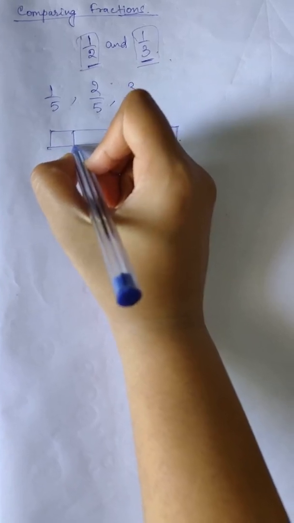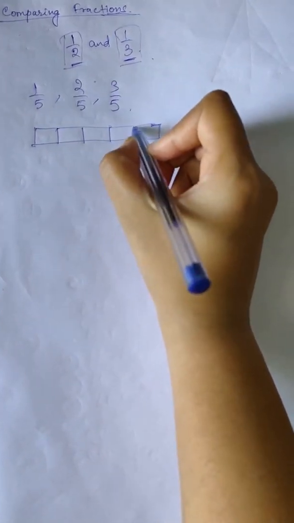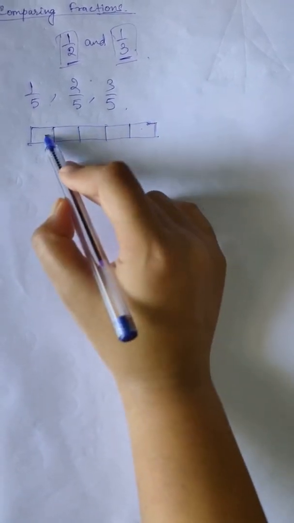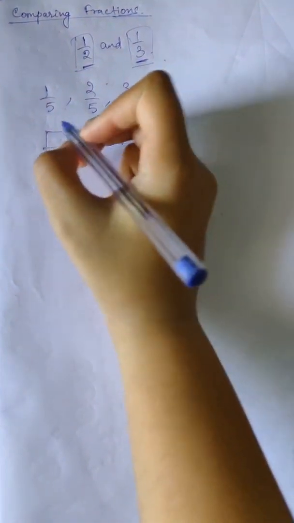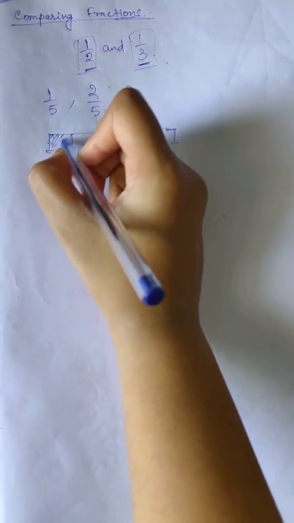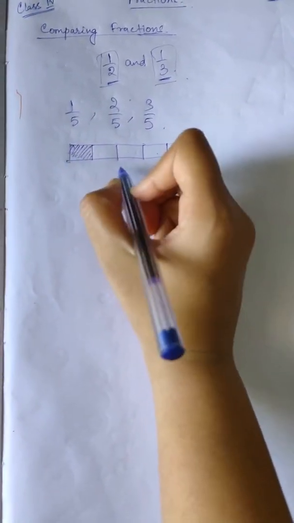We will first divide this into 5 equal divisions: 1, 2, 3, 4 and 5. Here we are talking about only the first division, that is 1 by 5.